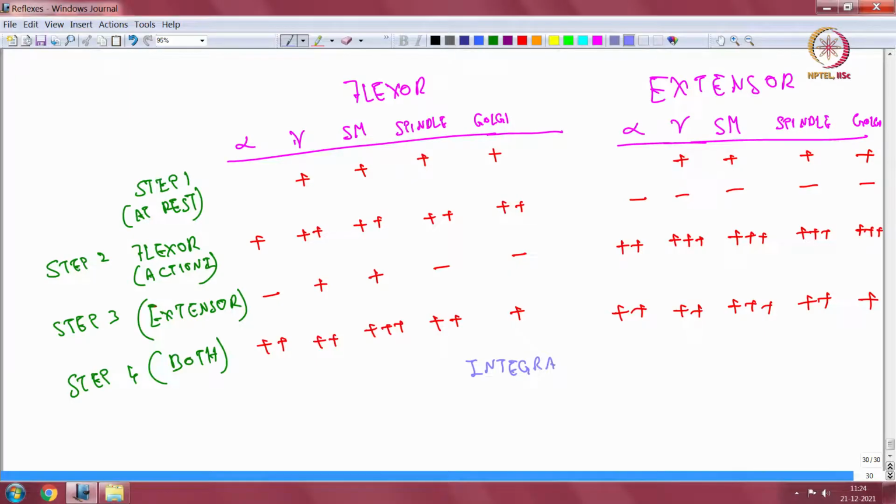There are features in this table which I would like to highlight. So, the first feature is integrated activity, which implies motor plus sensory. What I mean, motor, sensory. So, that is integrated.